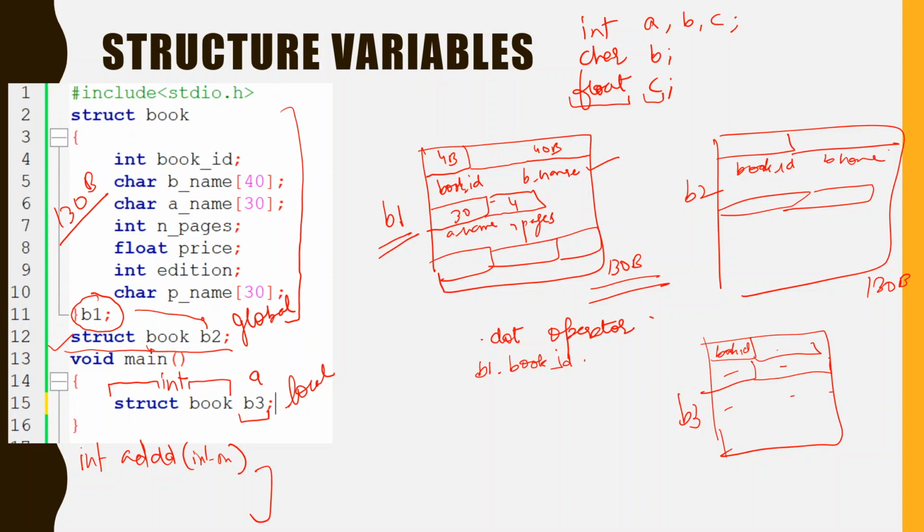We can also understand from this that each book has some properties, and these are the list of properties. From this example you can understand that there are three books, b1, b2, and b3, and each of the books has some properties which are defined in the structure.